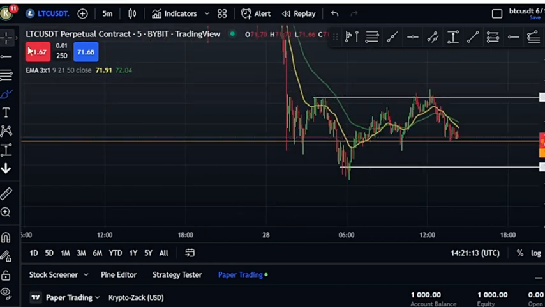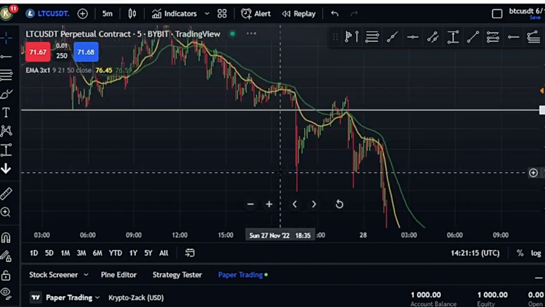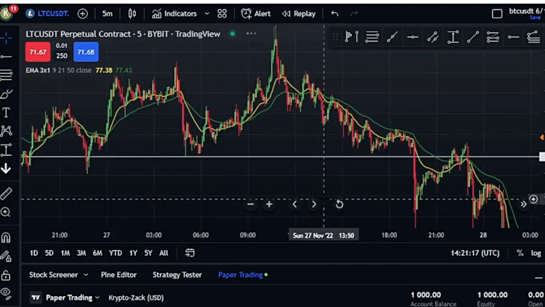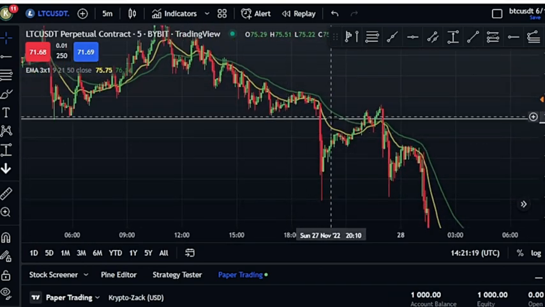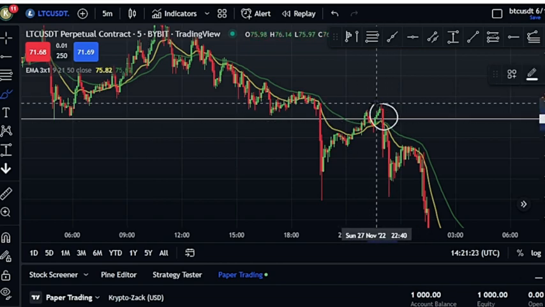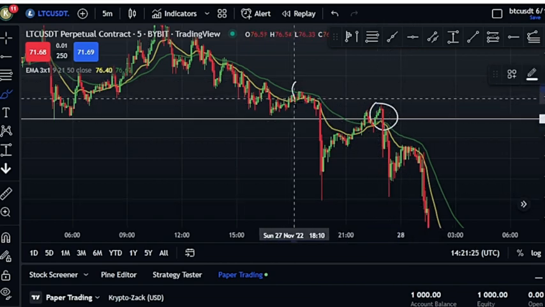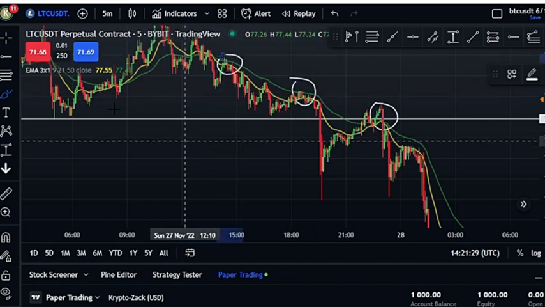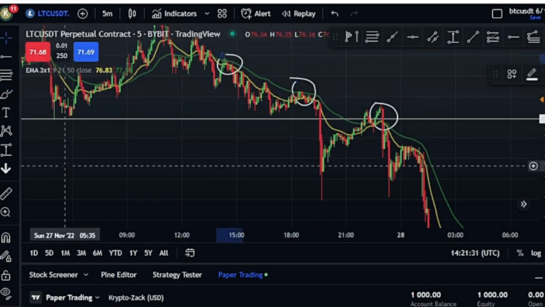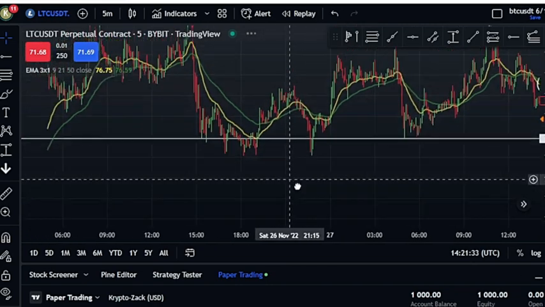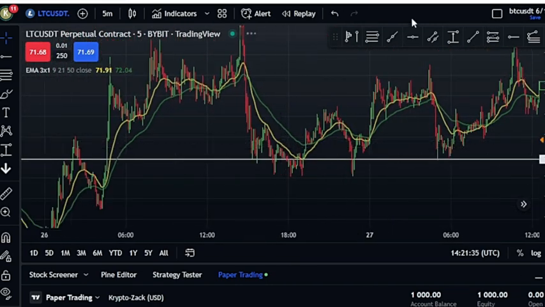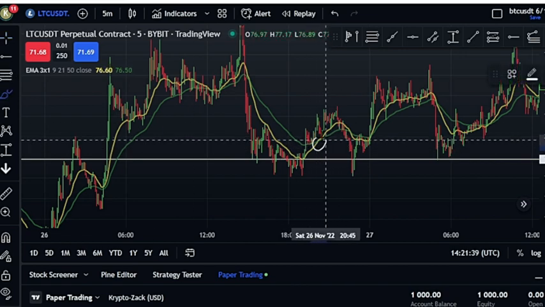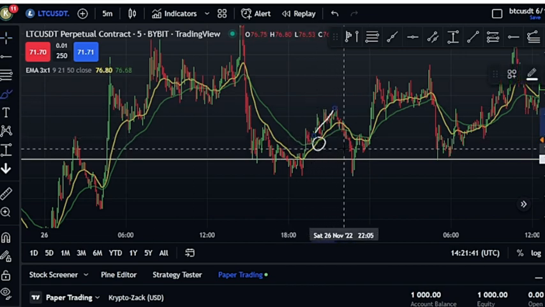So let's go back up here, see more. You can see that whenever the yellow line is below the green line, we take more shorts. Here, whenever the price comes close to them, we take shorts. Let's see the long side. Here, that wasn't a big move, but it still indicates a small move up.